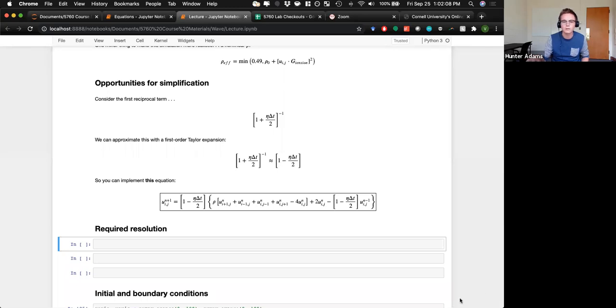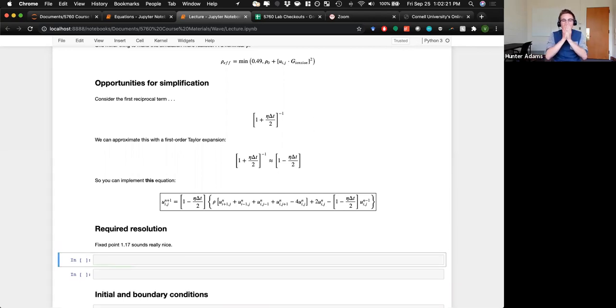And it turns out that fixed point 1.17 sounds really nice. You can experiment with this. So this is 18 total bits, right?